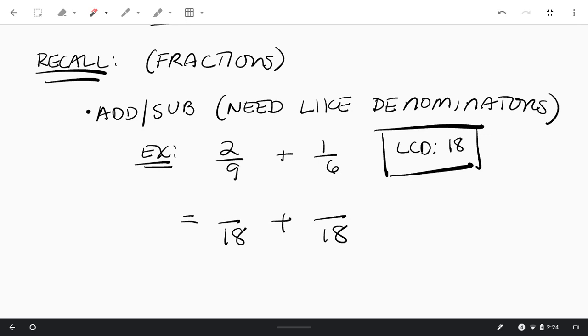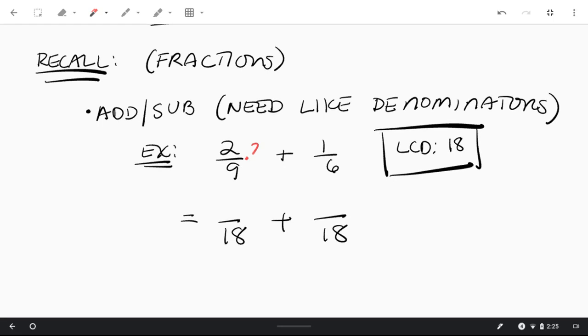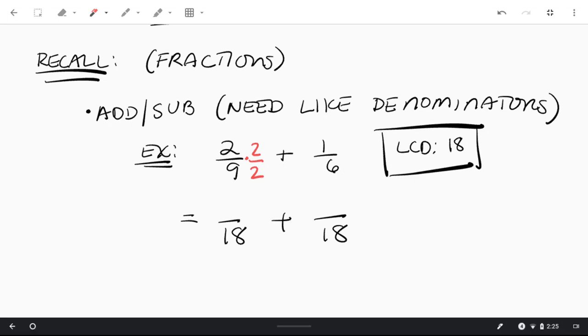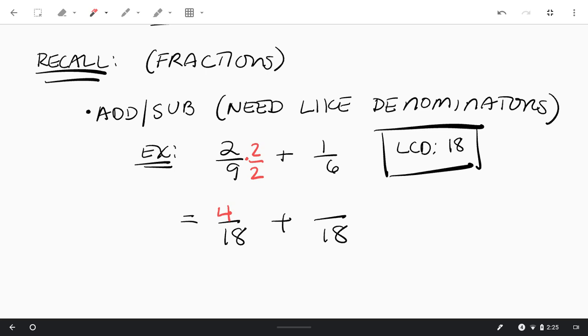You don't change its value, right? So you're going to multiply by 1, but 1 written in the form of 2 over 2. Okay, so this way you get your 18 in the denominator, and then you get 4 up here in the numerator.